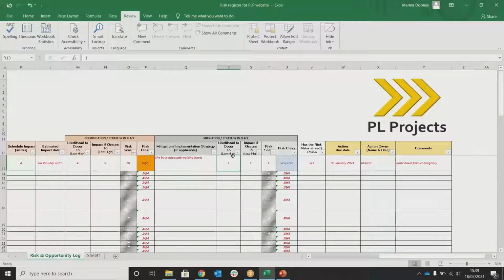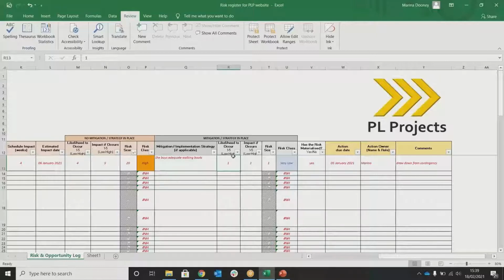So if the likelihood of it occurring in the first place was a 4, because it was very high that it was going to happen, when she goes out and buys the boots that will help her walk on this ice, it brings the likelihood of it occurring down. Same with the impact. Okay, great. Perfect.